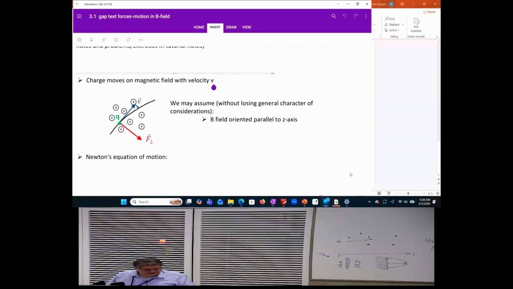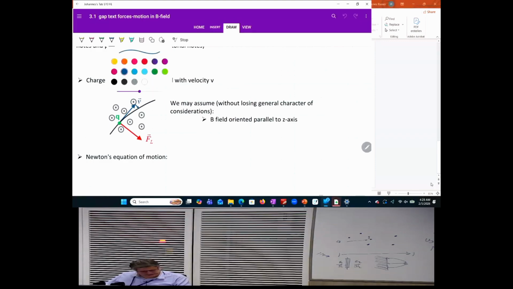It has a velocity v, and we assume the following, and these are no limiting assumptions. We assume that the B field is oriented parallel to the z-axis. So where's our z-axis? Our z-axis is also in this direction here. This is our z-axis. So our B field is some constant times the unit vector in z direction.